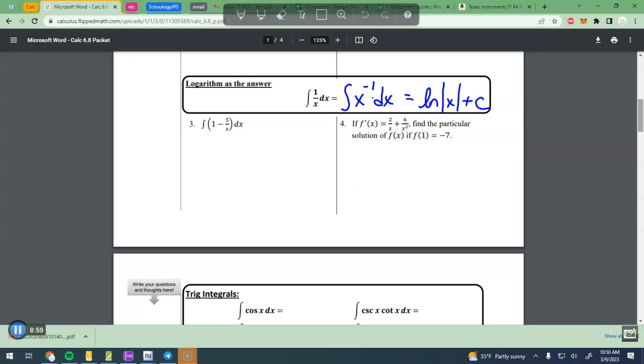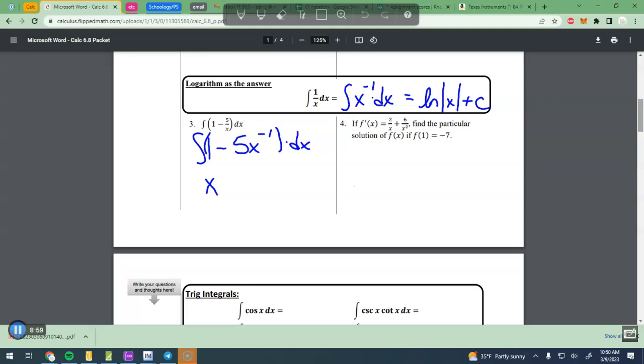So like number 3, I've got the integral of 1 minus, and I'm going to rewrite it, 5x to the negative first. And I can integrate both of those. The integral of 1: what did I take the derivative of to end up with 1? Regular x. And then if I add 1 to the power, that gives me 0. Multiplied by the reciprocal of the new power, I don't even know what to do with that.